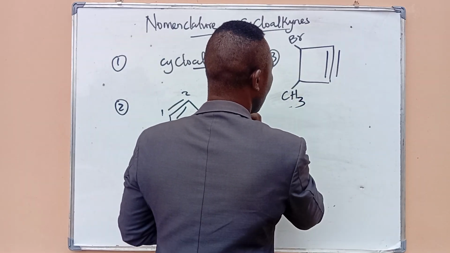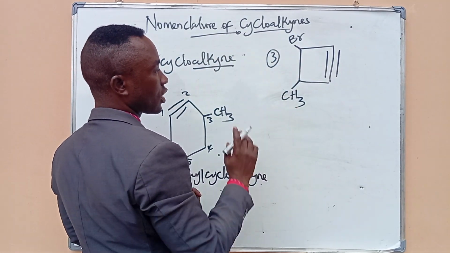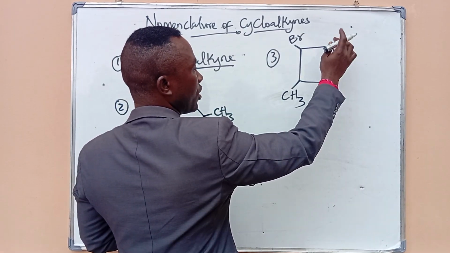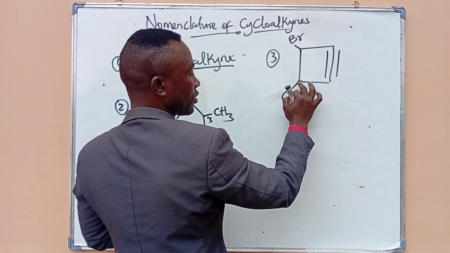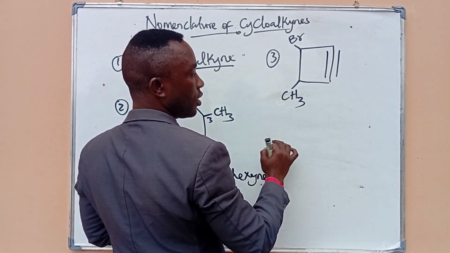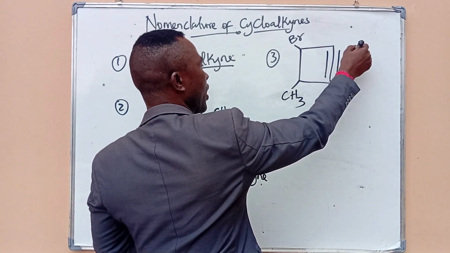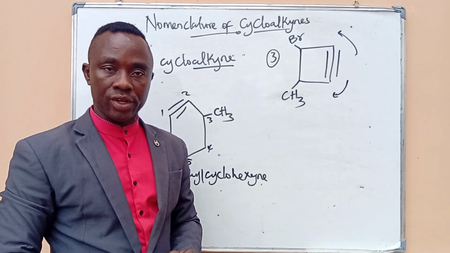CH3 is a methyl group. So we have Br and CH3. Now, this carbon atom, we take either 1 or 2. When we take this one to be 1, here becomes 2, and here becomes 3. Then here becomes 4. But when here is 1, here becomes 2, here becomes 3. So in any way we number from, you can see that the substituent will be at number 3.